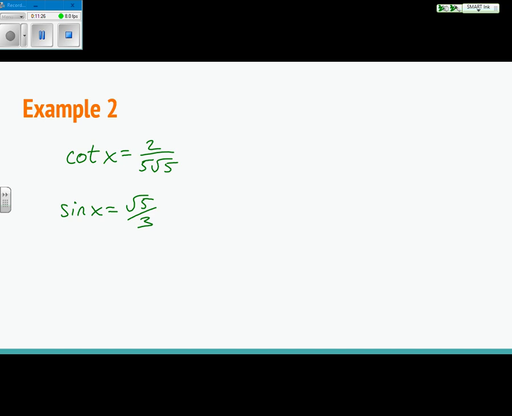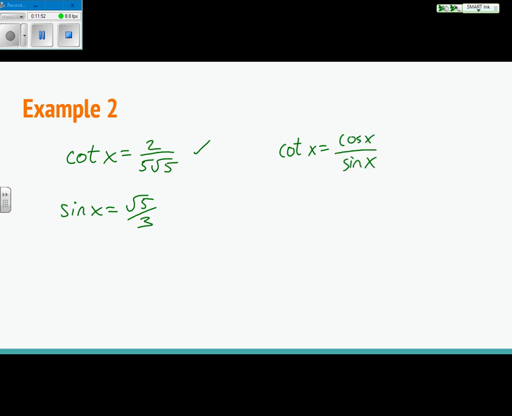Again, we can use sine or tangent or cotangent on this, whichever you feel more comfortable with. I like to roll with what they give me, though. Cotangent. What was my cotangent identity? Cotangent was cosine over sine.